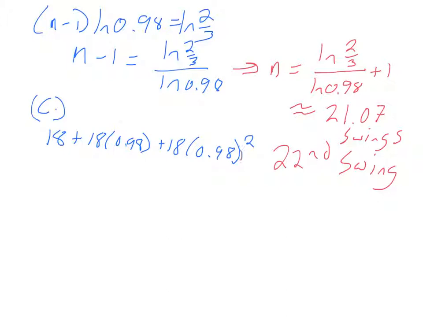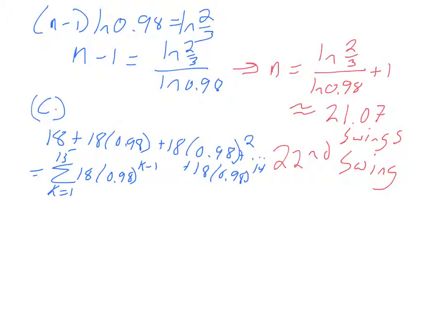And so we keep adding that up. That's equal to the sum as k equals 1, 2, and if we want to figure out how far it has gone after 15 swings, we're going to go out to 18 times 0.98 to the 14, n minus 1 there. And so we want the sum from k equals 1 to 15 of 18 times 0.98 to the k minus 1.